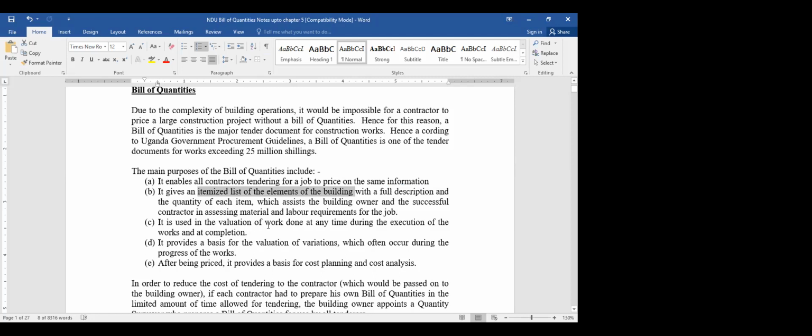Then it is used in the valuation of work done at any time during the execution of the works and at completion. That is to say, if at any one point during the works you need to know how much work has been done so far, for example, if construction began in the foundation, you can no longer see what is in the foundation, right? And at this point, it's maybe on the 1st floor level.